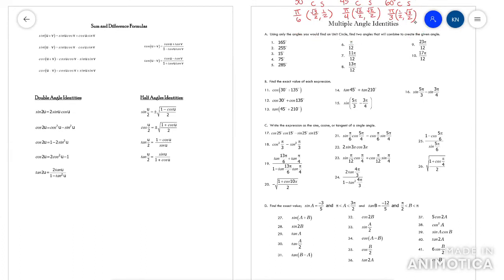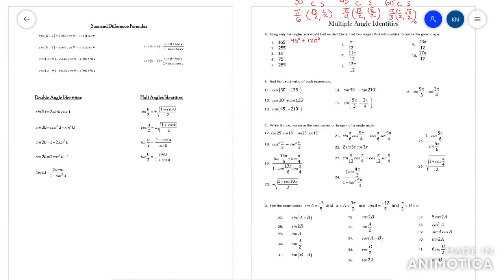You have to break it up into two numbers you would know. You would know 45 degrees, and you would know 120 degrees. Those are all variations of these three main reference angles. So that's all they're looking for you to do here.